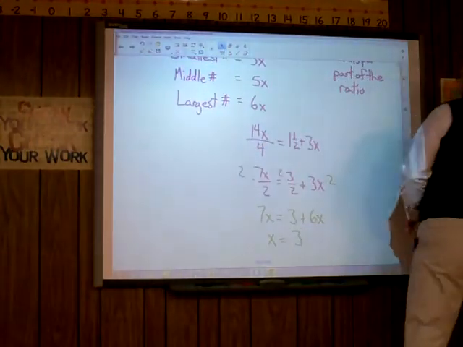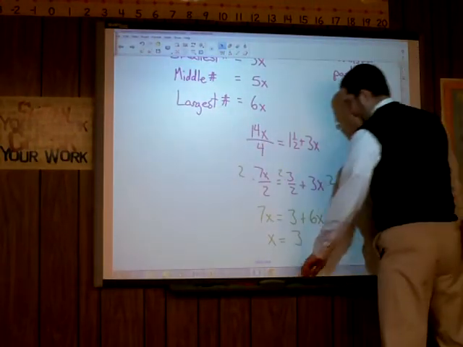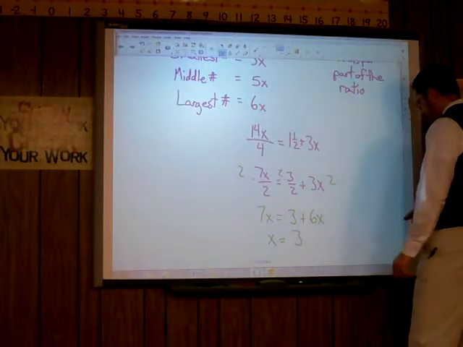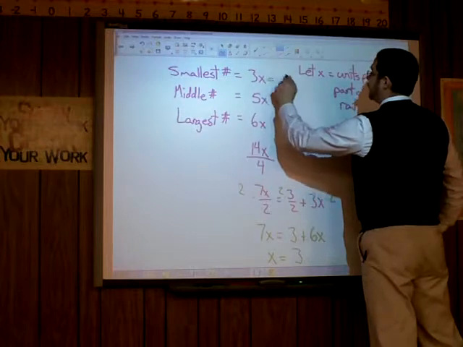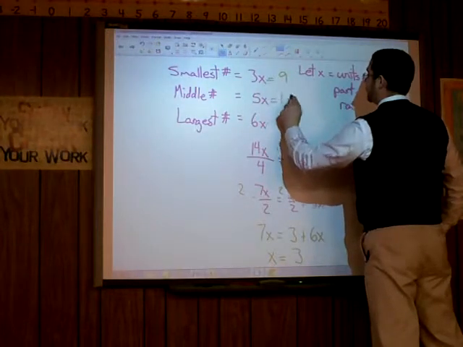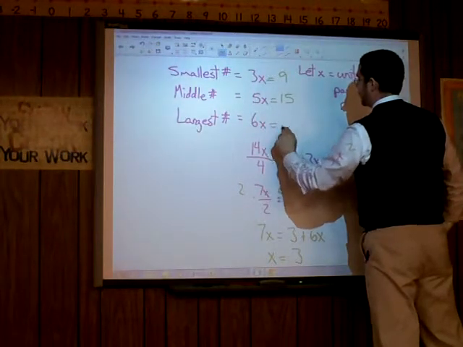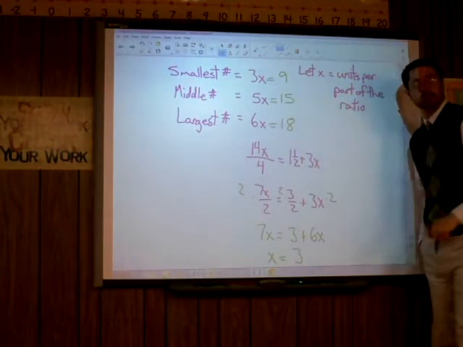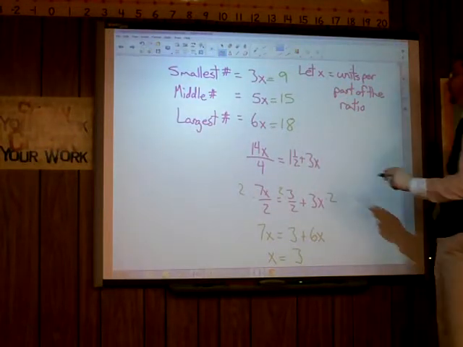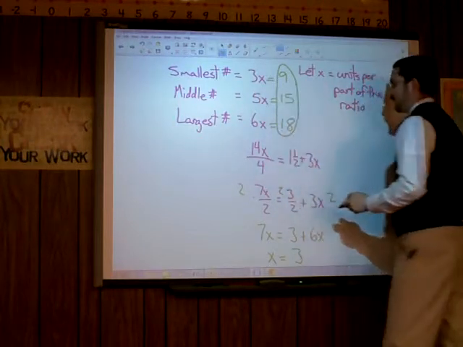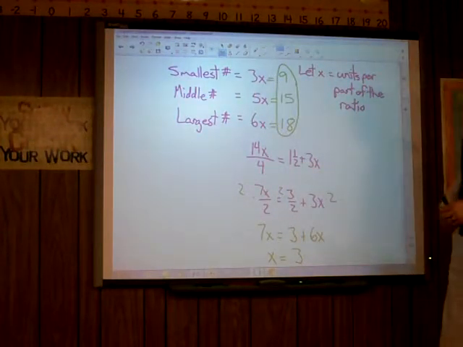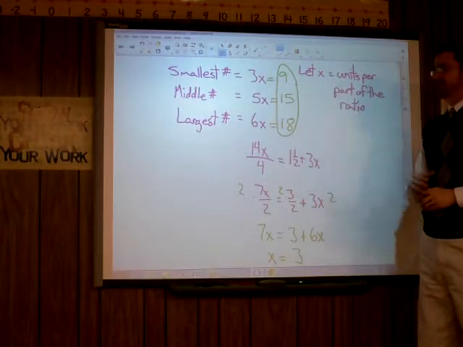Now, that does not give us the numbers, but that does give us how many units are in each part of our ratio. So this would be 9, 15, and 18. Okay, so those would be our three numbers. And if you try it, this would be 33 plus 9 is 42.